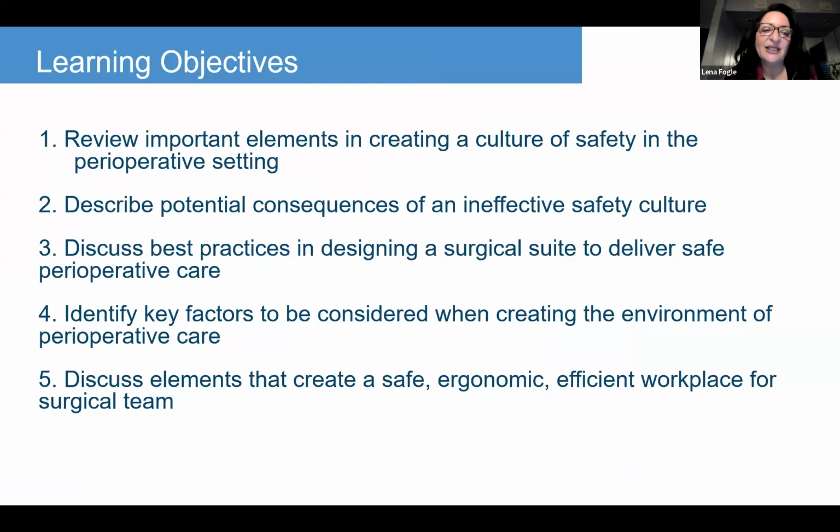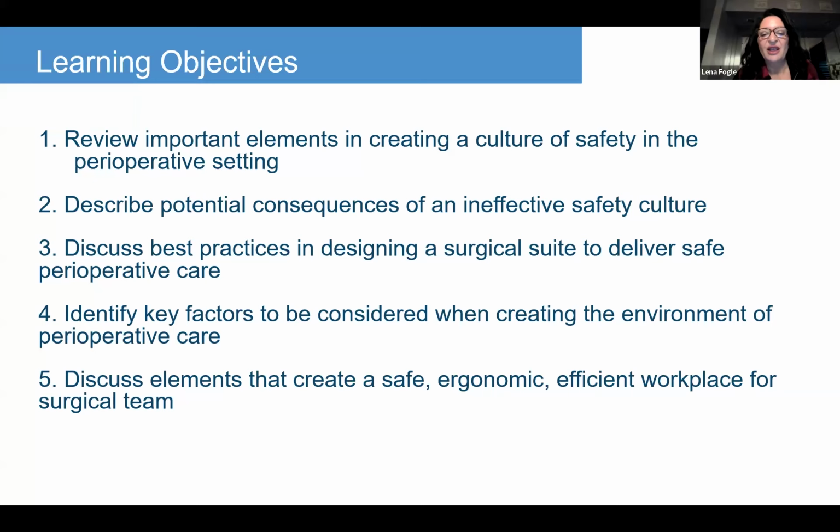What we're going to be talking about today, I'm hoping by the end of this, you'll at least have some familiarity with the elements that can help you create a culture of safety in the operating room, and some of the consequences of an ineffective safety culture, along with some of the best practices around designing a surgical suite, and the key factors one needs to consider when creating that environment, and the different elements that go into things like patient safety, staff safety, ergonomics, and an efficient and pleasant workplace for the surgical team.